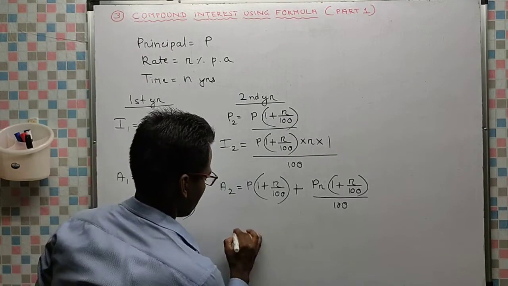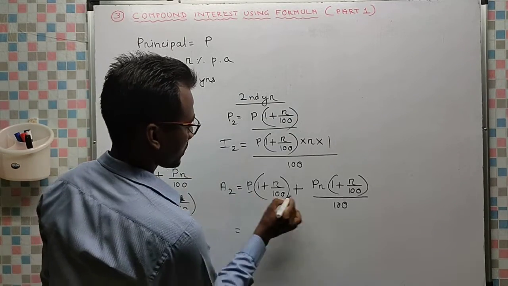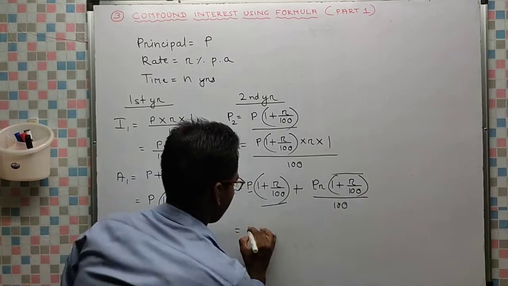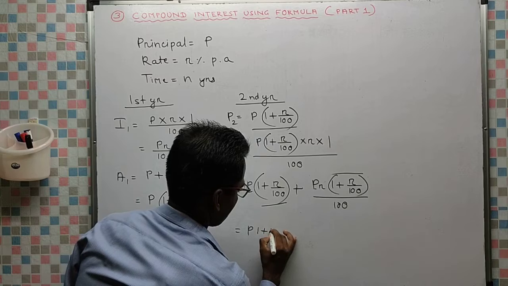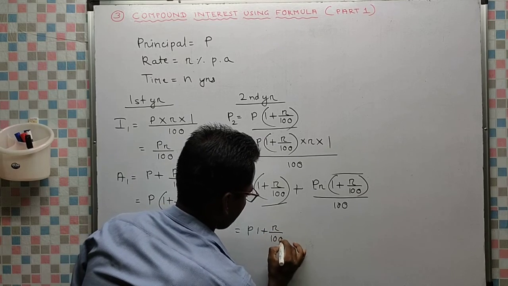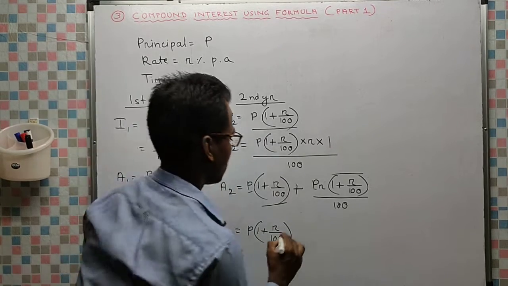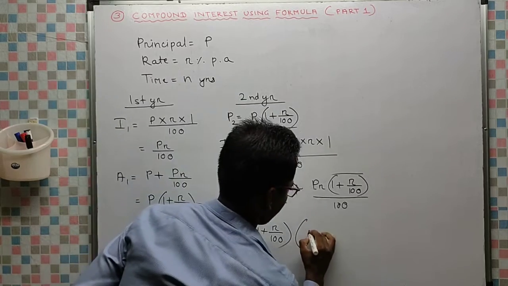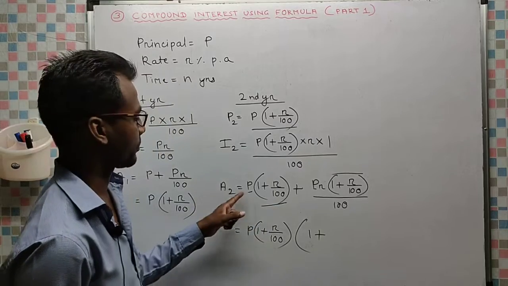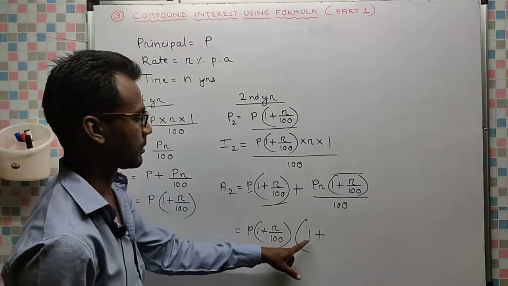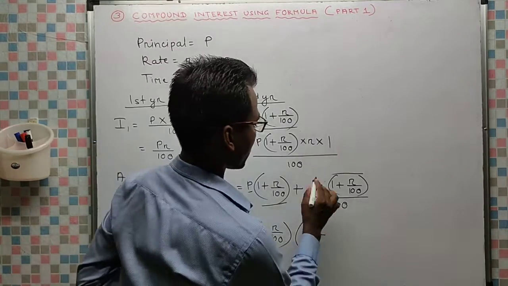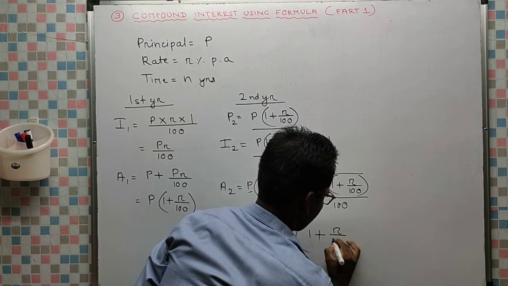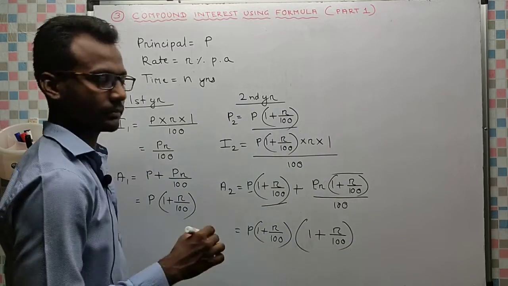We can take common P 1 plus R by 100 and 1 plus R by 100. P whole 1 plus R by 100 common. Remaining will be from this 1, P whole 1 plus R by 100 we have taken, so remaining is 1. And from here we have taken P and 1 plus R by 100, so remaining will be R by 100.